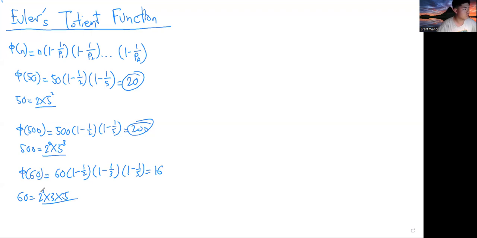It doesn't matter that 2 was squared and that 3 and 5 were only used to the power of 1. They were all used at least once in the prime factorization of 60, so they fit into the totient function formula. So I'm just going to erase these examples right here.